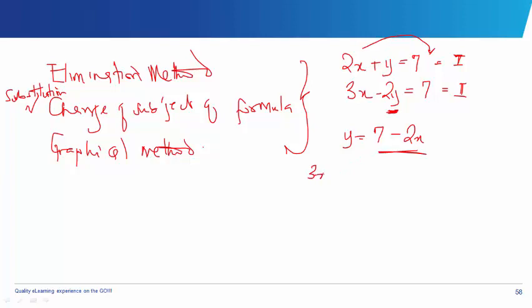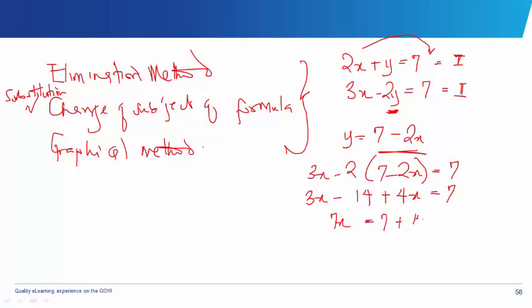So we'll have 3x minus 2 multiplying 7 minus 2x equals 7. So we'll open the brackets. We'll have 3x minus 14 then plus 4x equals 7. When we collect like terms, we'll have that 7x, that is 3 plus 4x, equals 7, then plus 14. 7x equals 21. X will now be 3.